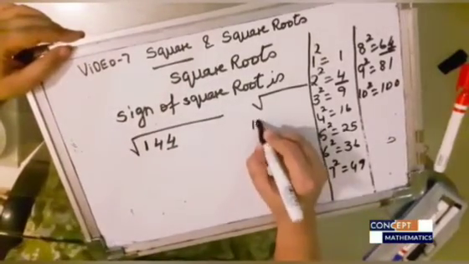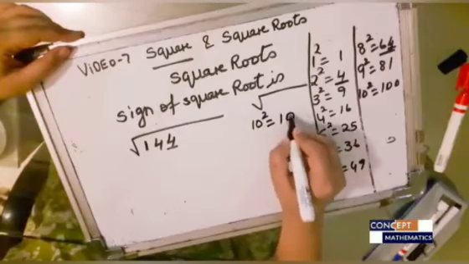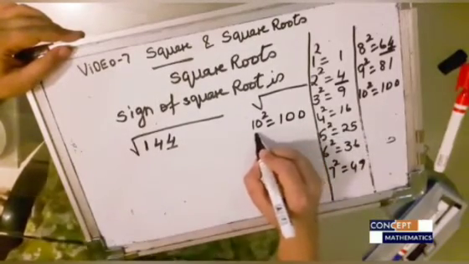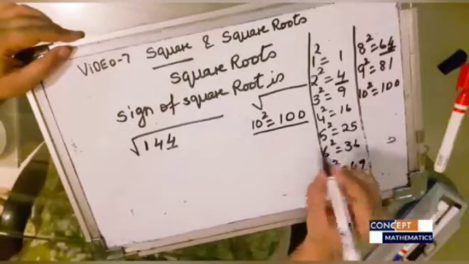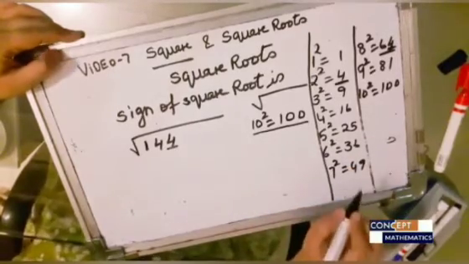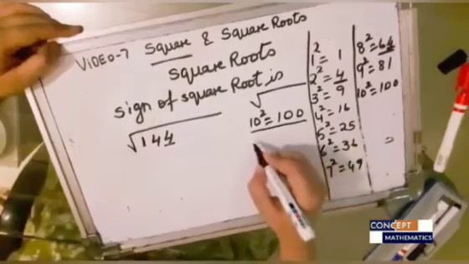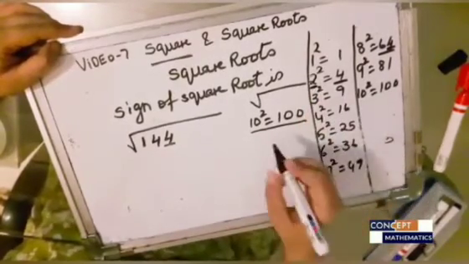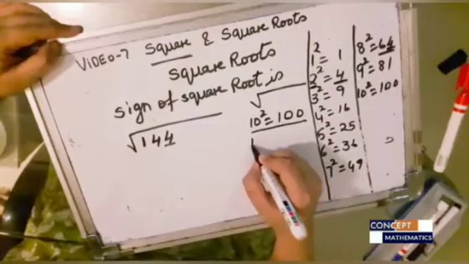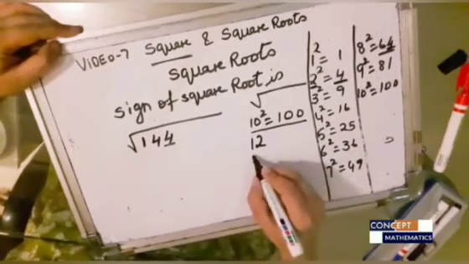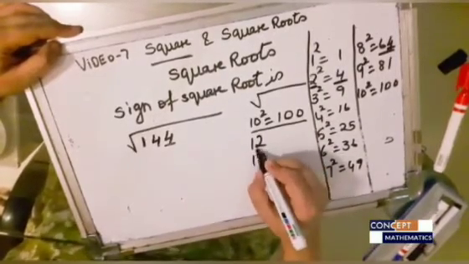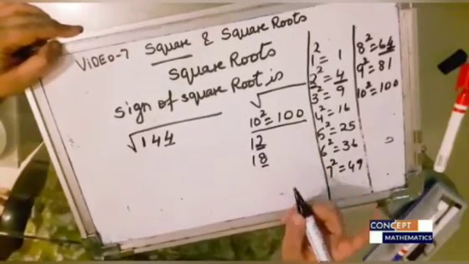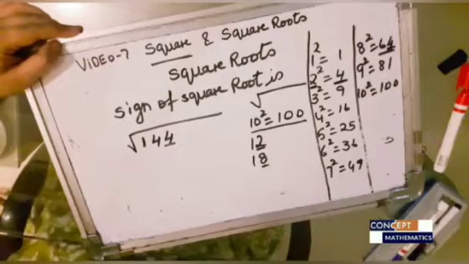Till 10 square you get 100, so 144 cannot come within 10 square. So now the next number we can try is 12. Either you try 12 or 18, because 2 square gives you 4 and 8 square gives you 64, and the last digit is 4.